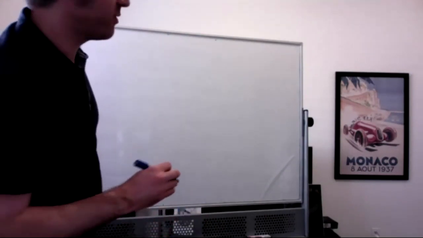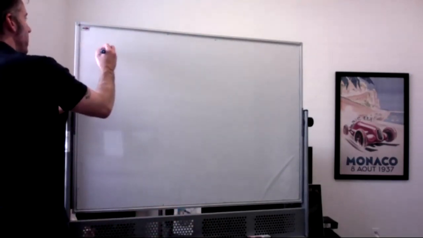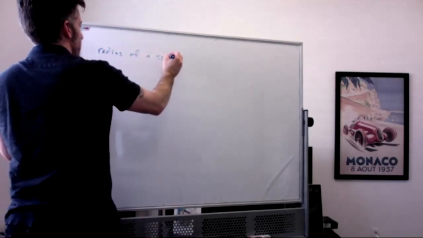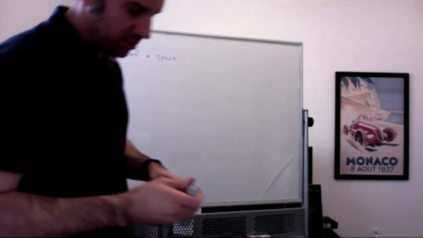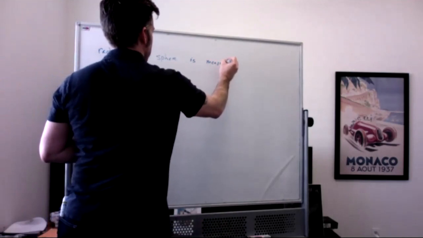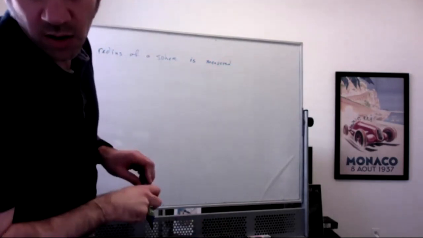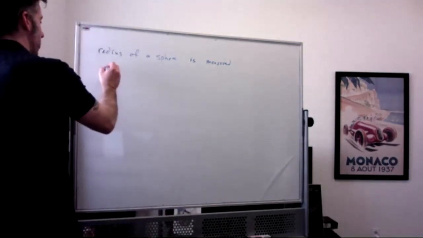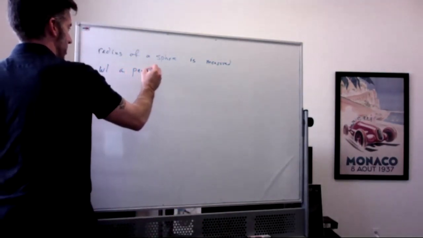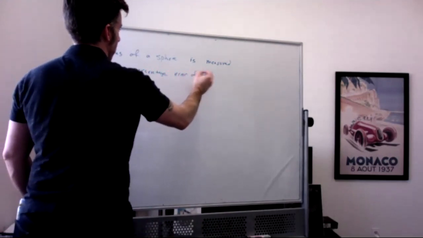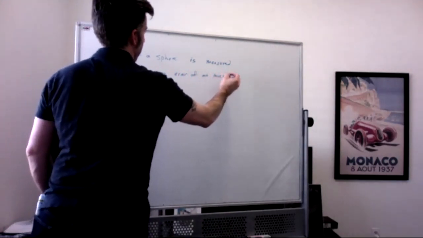Suppose the radius of a sphere is measured with a percentage error of at most 5%.